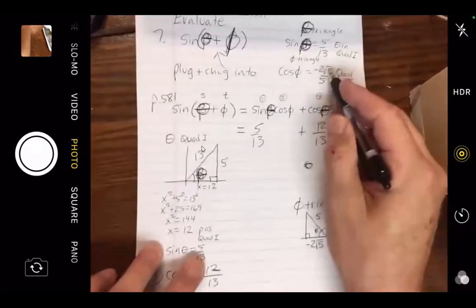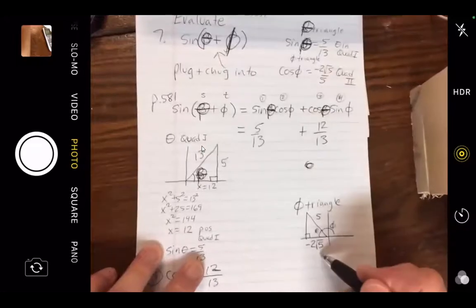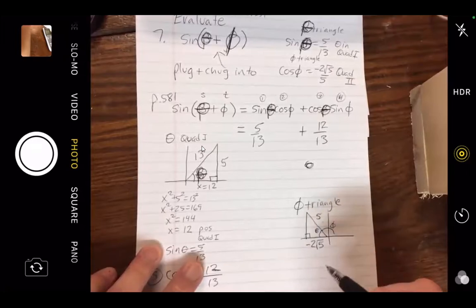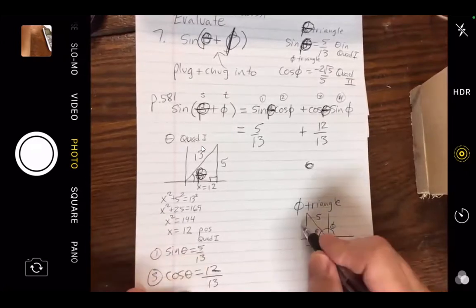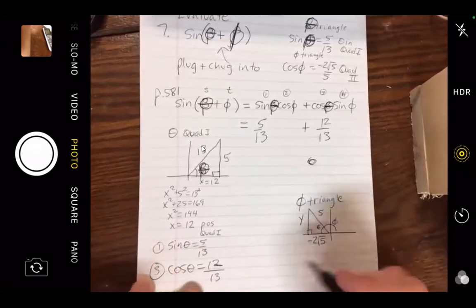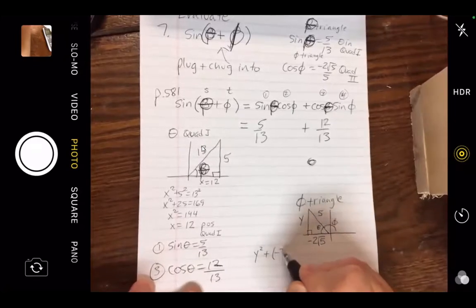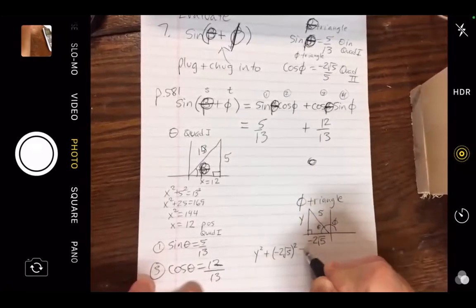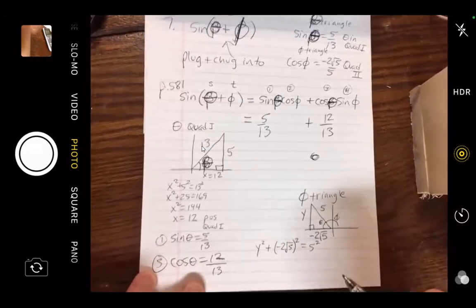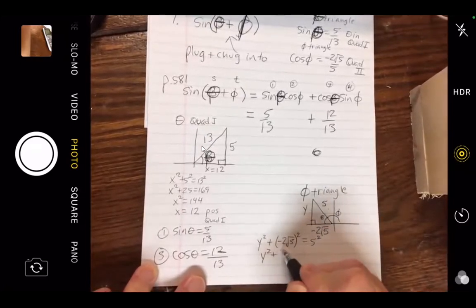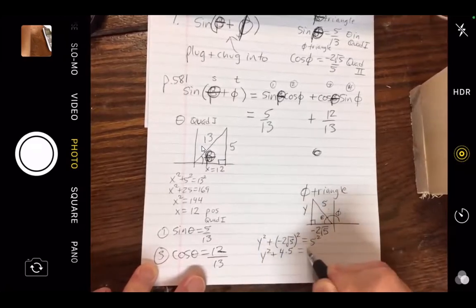Triangle adjacent over hypotenuse. Quadrant 2. This leg, we'll call it y. Figure it out: y squared plus my negative 2 square root of 5 squared equals 5 squared. Y squared plus, see, negative 2 squared is 4, root 5 squared is 5, equals 25.